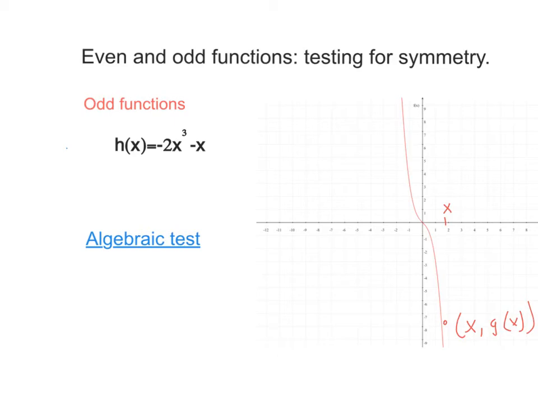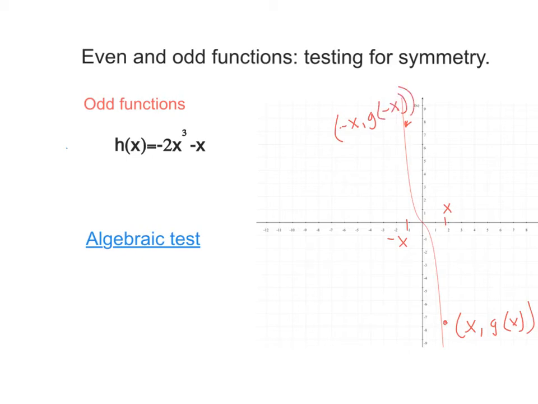When I pick a point over here at negative x, exactly x units the other direction, I find this ordered pair up here. So my ordered pair can be written as negative x and g of negative x.